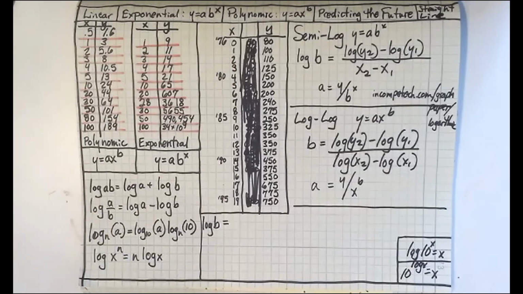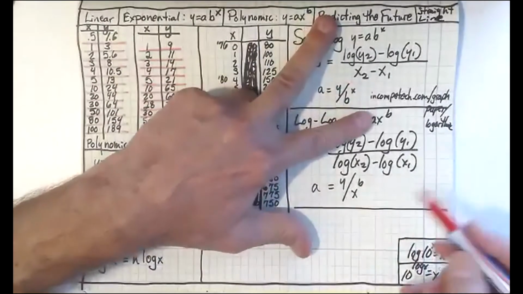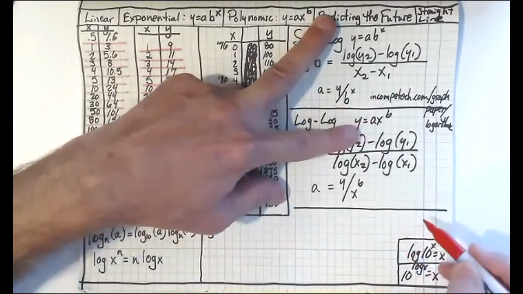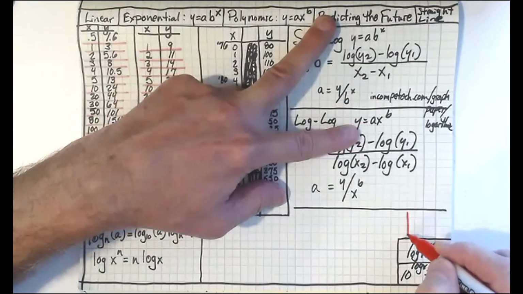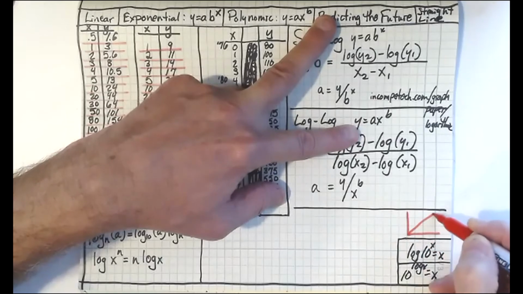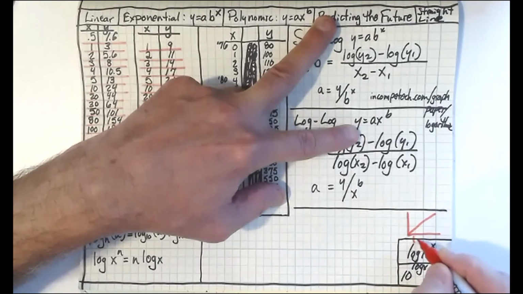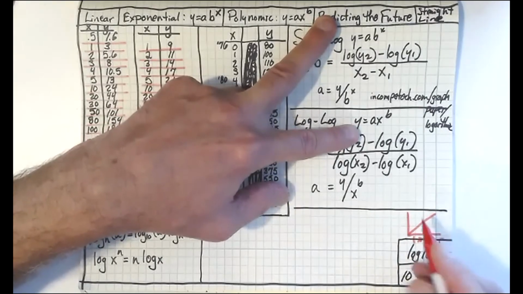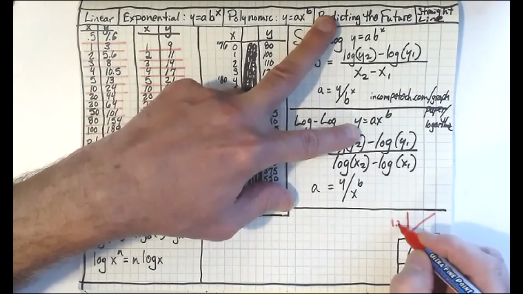Now, everybody knows that if we have a linear relationship, I'll just make a linear relationship right down here. This is linear, and this is linear.